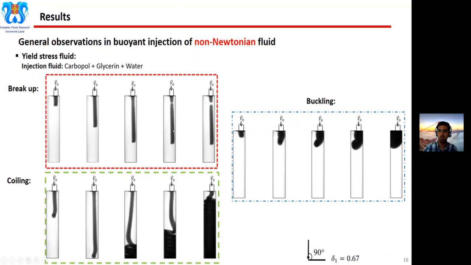Here I used a viscoplastic fluid, which is a type of non-Newtonian fluid like blood. As I said in the first slide, another application of injection of such fluids is in bioengineering.